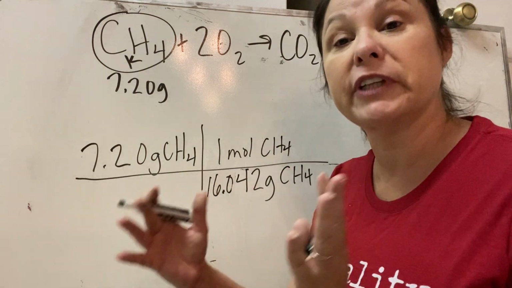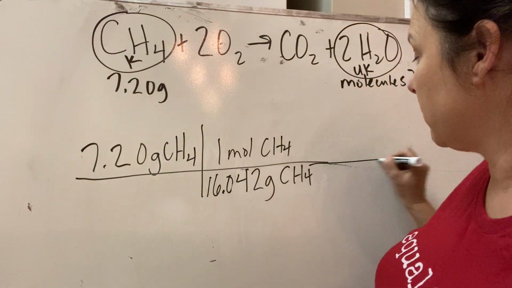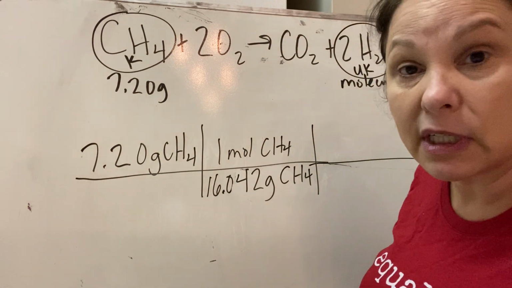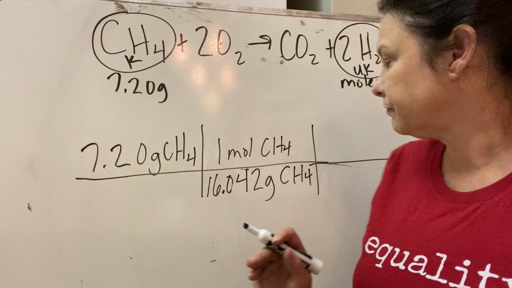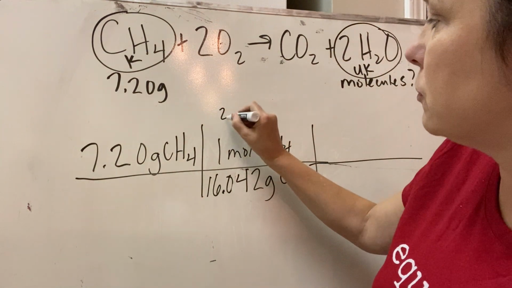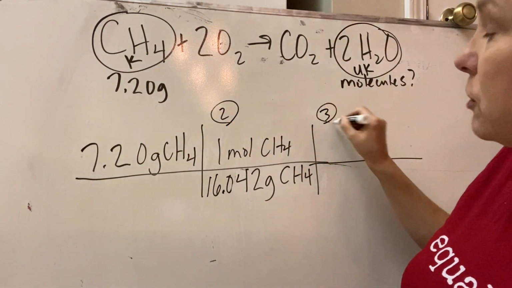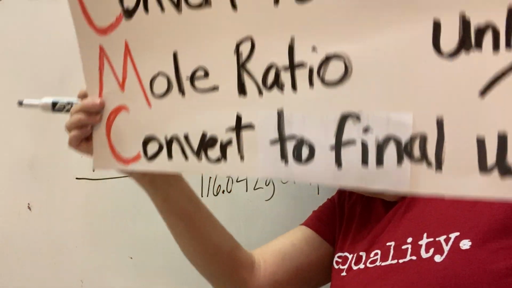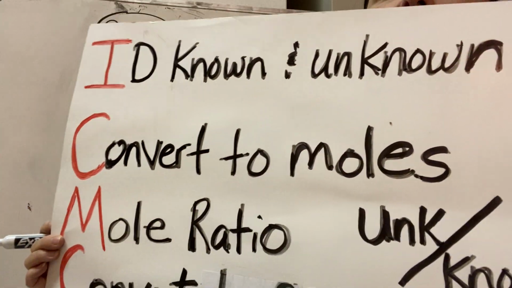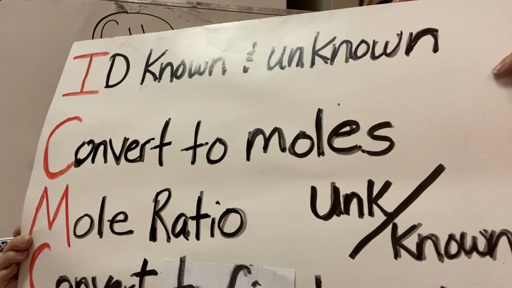So we move on to step 3. Remember, step 3 is never optional. So that is something you know you have to do. This was step 2. This is step 3, which is the mole ratio. If you remember, with the mole ratio, it is unknown over known.